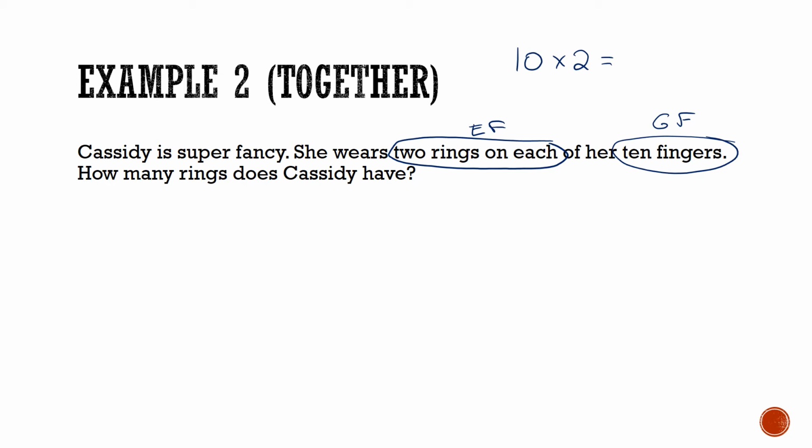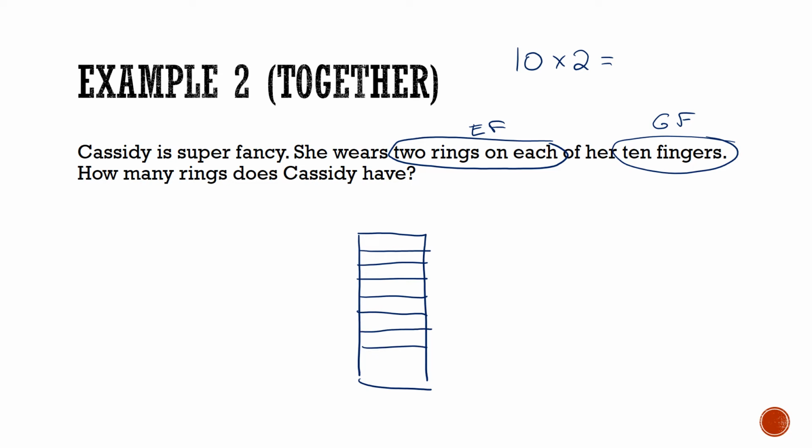Take a moment and see if you can figure out how to draw this array. 10 groups, 2 in each. So this is going to be a 10 by 2 array. 10 rows with 2 in each row. So it's going to be tall and skinny. 1, 2, 3, 4, 5, 6, 7, 8, 9, 10 rows, 2 in each row.